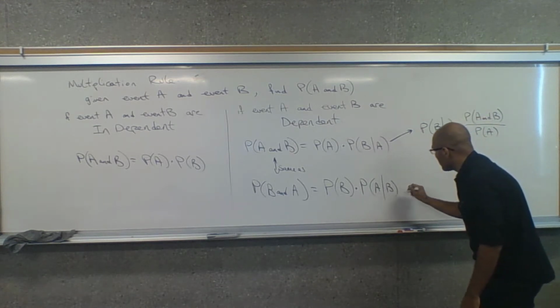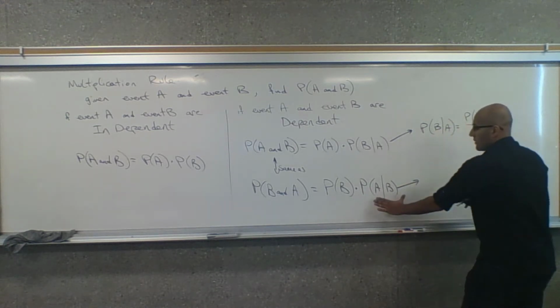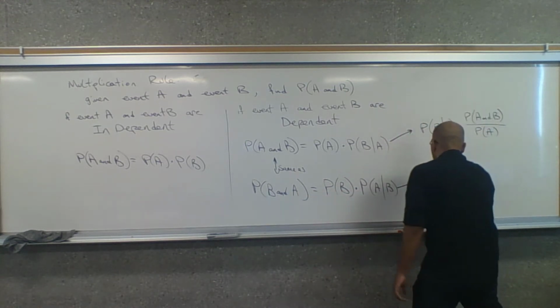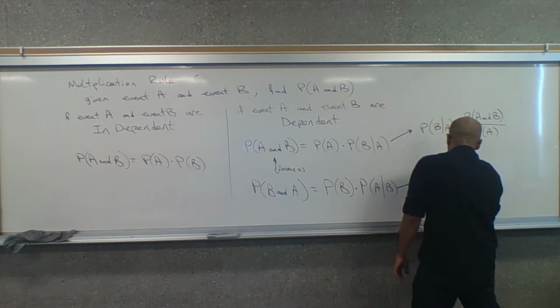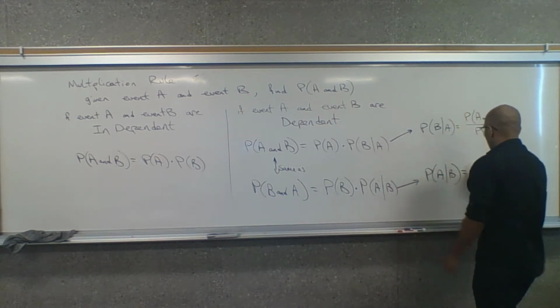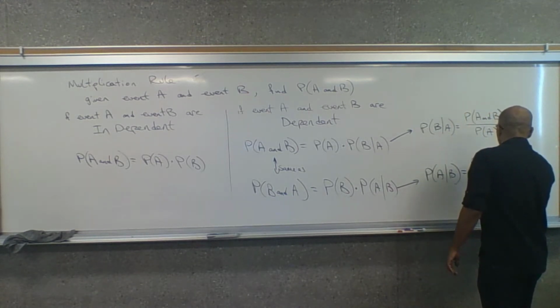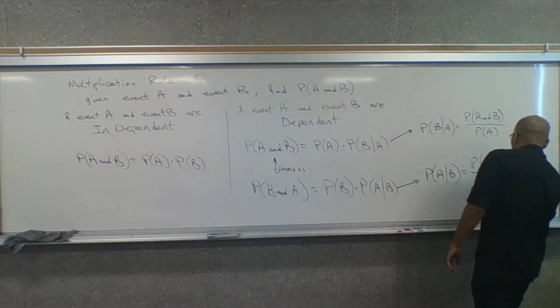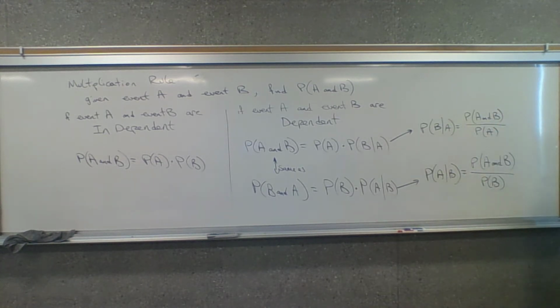And from over here, if you're given this and this, you can find the probability of A given B, which is equal to the probability of A and B divided by the probability of B. Good? Questions? We're good now?